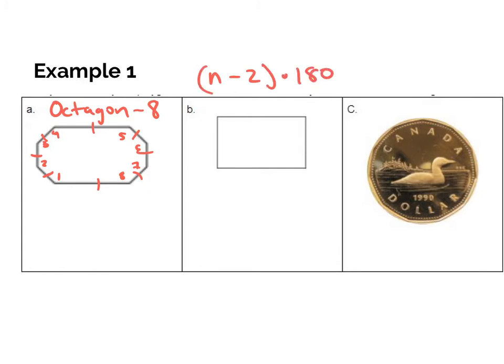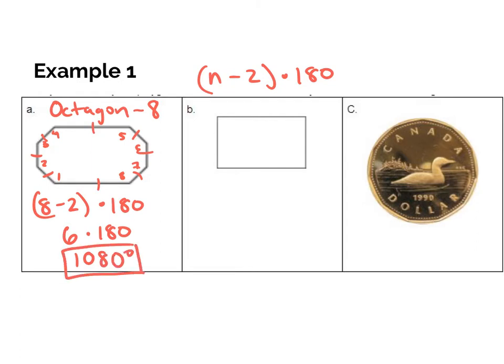Again, n represents the number of sides. So I take 8 minus 2, which is 6, then multiply by 180, and that tells me the sum of all the angles, which in this case is 1,080 degrees.